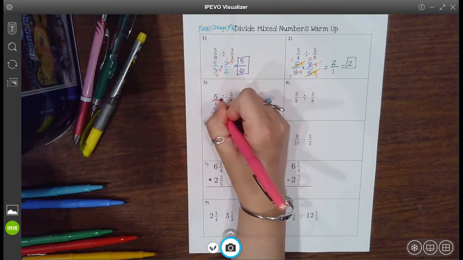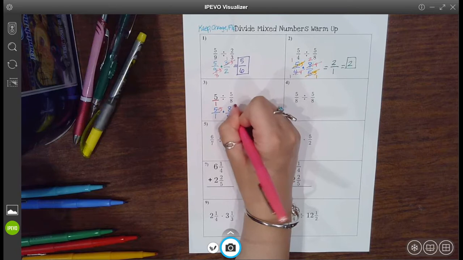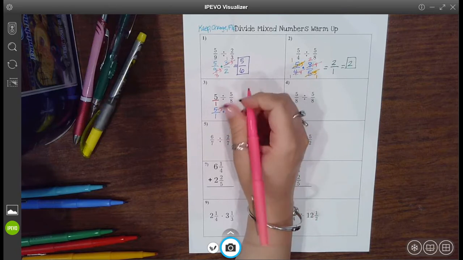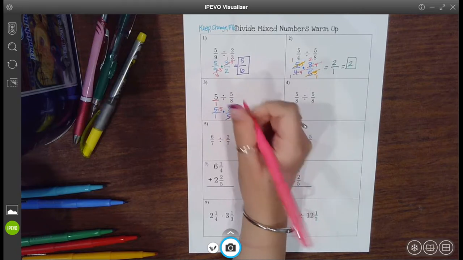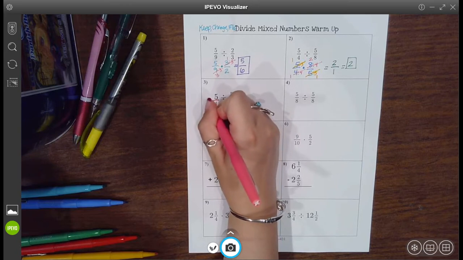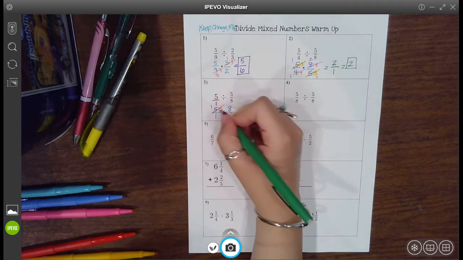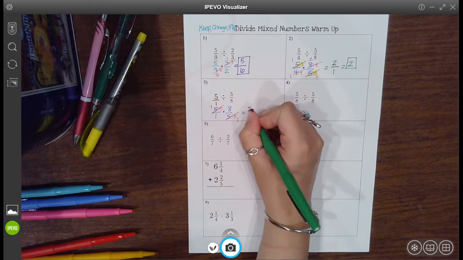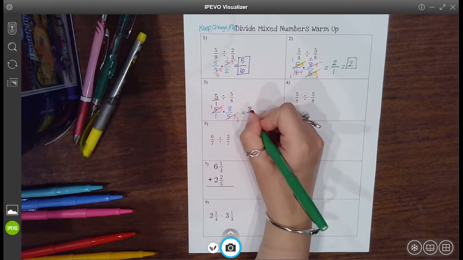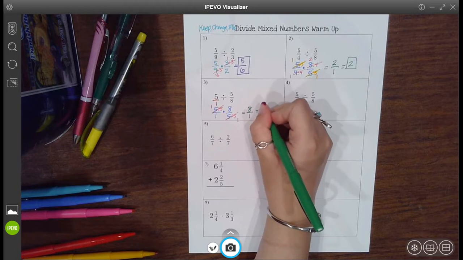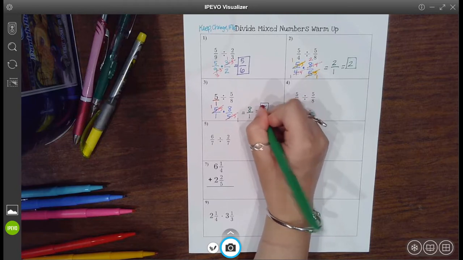Yes, 5 can be reduced because 5 can go into both. 5 divided by 5 is 1, and this 5 divided by 5 is also 1. Then you multiply across. 1 times 8 is 8. 1 times 1 is 1, and 8 over 1 is simply 8.